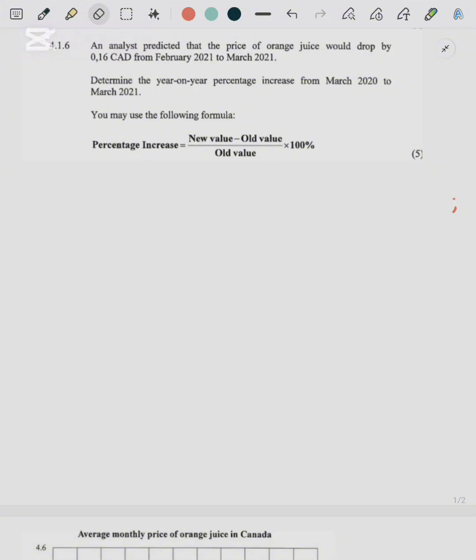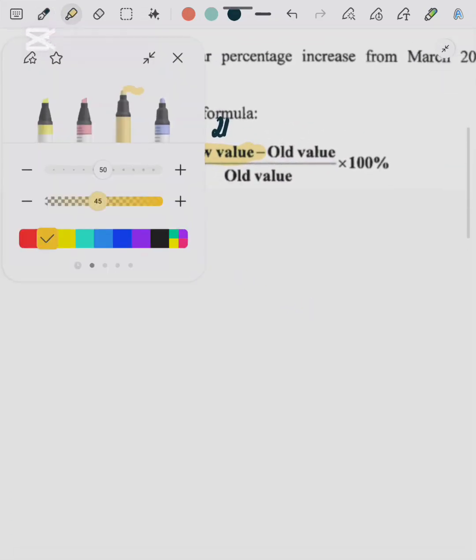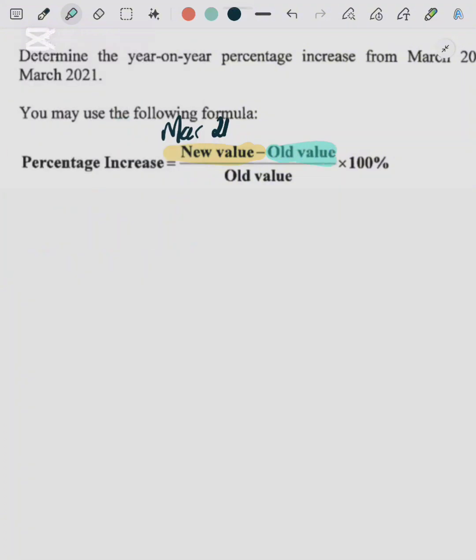Okay, so to use this formula, we're going to first need to know the new value, which would be March 21. And then we also need to know our old value, which over here would be March 2020, because those are the months we're concerned with. Also notice that that is the same value that's going to go at the bottom of our fraction as well.